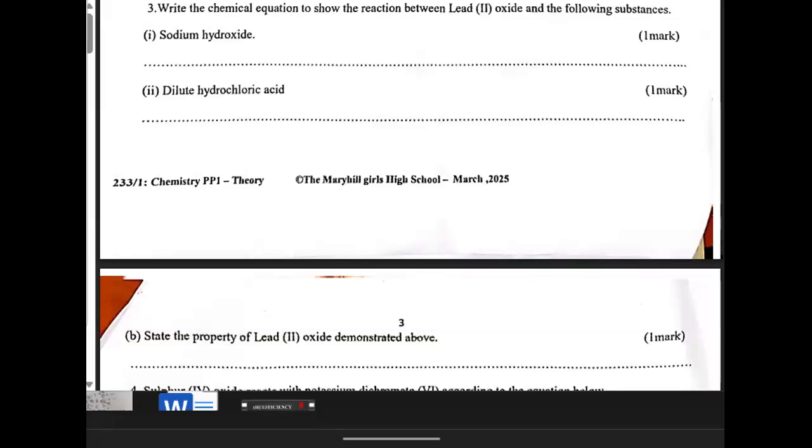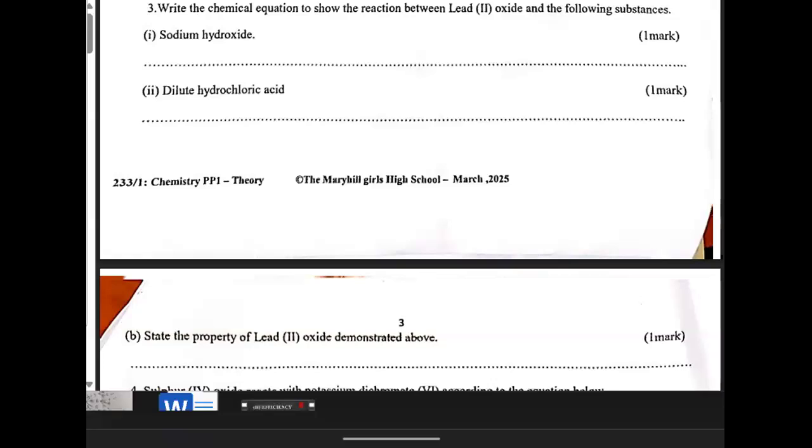That is salt and water. Then you put a 2 in front of HCl. In Roman number 1, the lead oxide is behaving as a weak acid. In Roman number 2, the lead oxide is behaving as a base. So that question is testing on amphoterism of lead oxide.